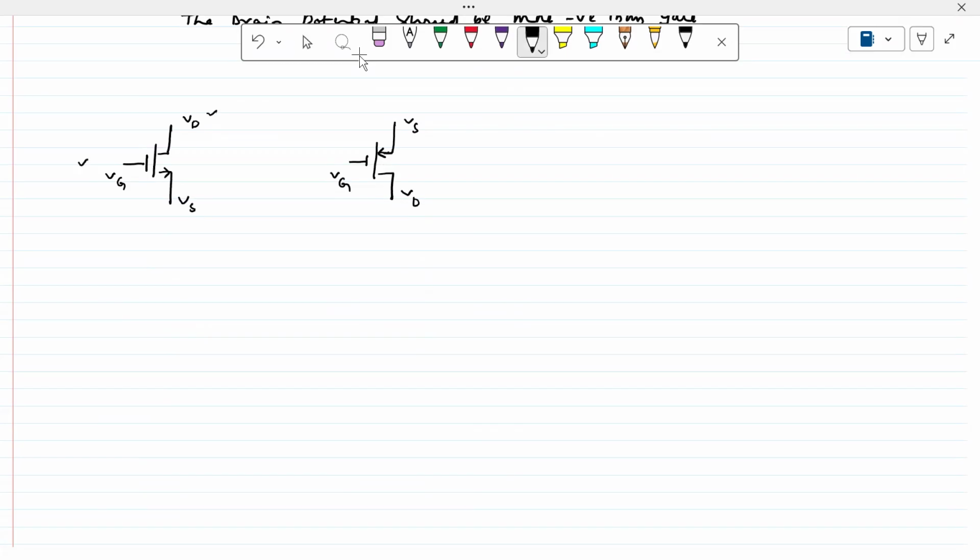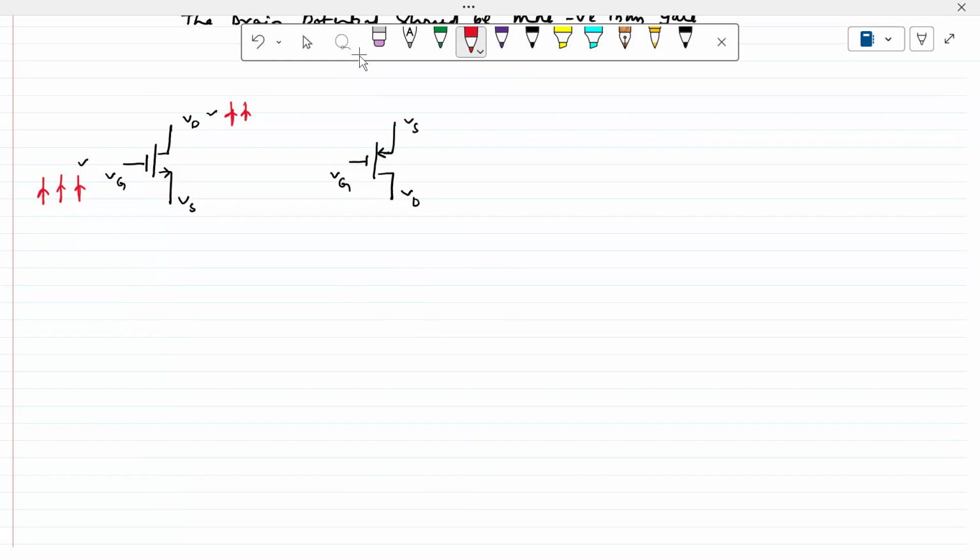If you want the NMOS to operate in the linear region, what do we have to do? This must have a higher potential than this one, because both are in the positive direction. What about here, for PMOS in the linear region? We have to apply a more negative potential than this one.